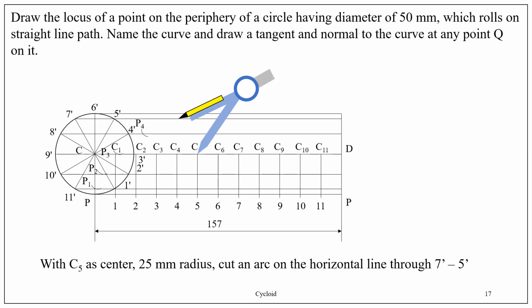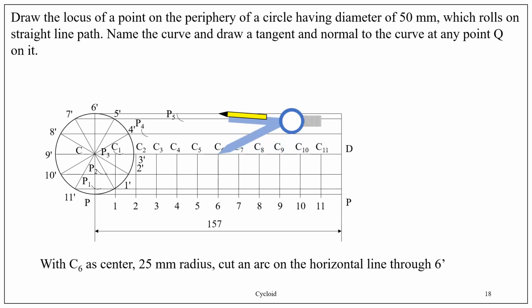Fix C4 as center, cut an arc on the horizontal through 4 dash, obtain P4. C5 as center, cut an arc on the horizontal through 5 dash with 25 mm radius, obtain P5. Similarly, obtain P6 with C6 as center, 25 mm radius.